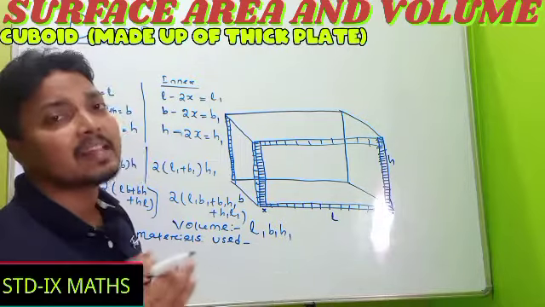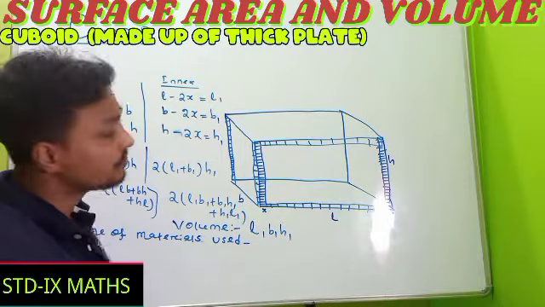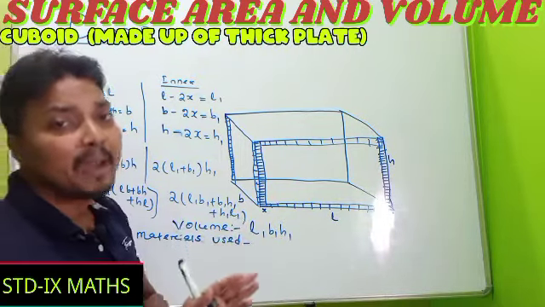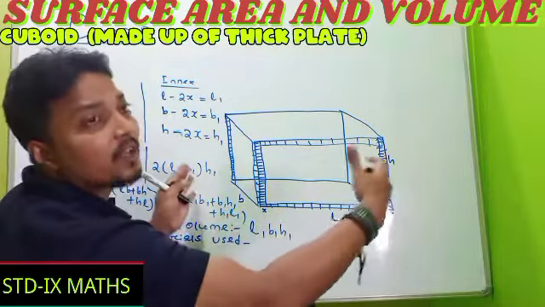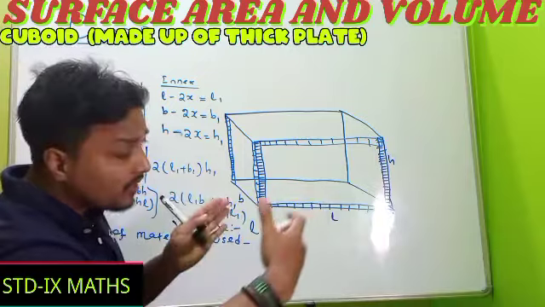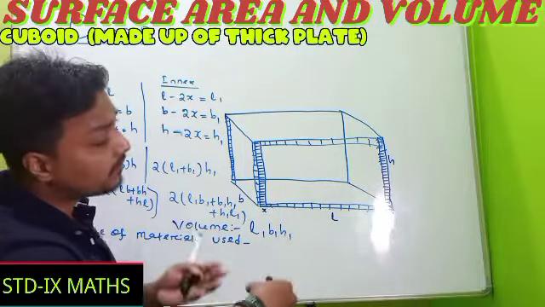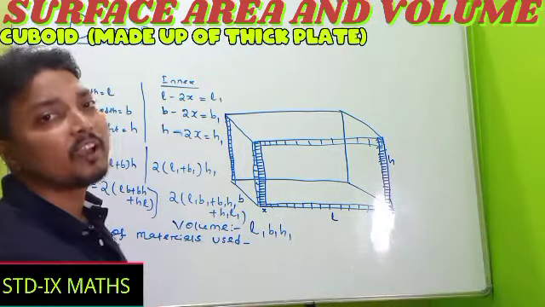How much metal is used? So the volume of that metal you can always find from the outer volume, whenever you subtract the inner volume from the outer volume.